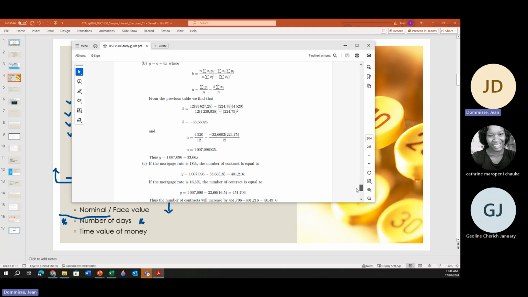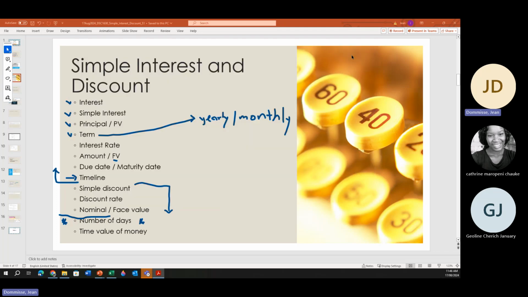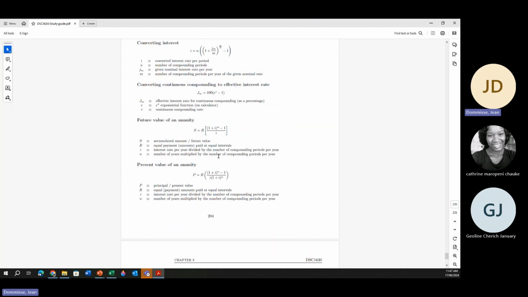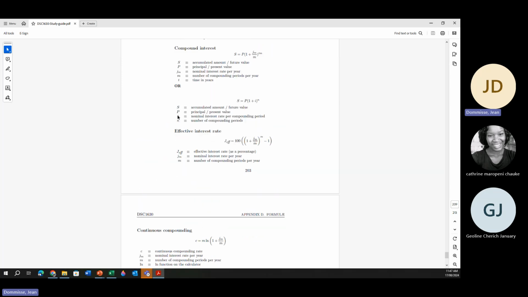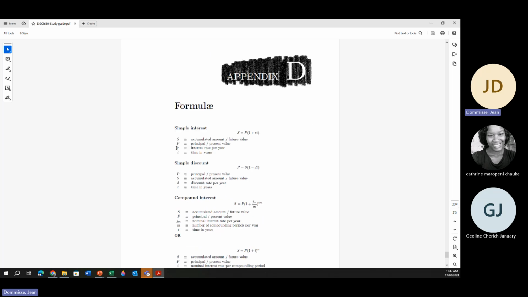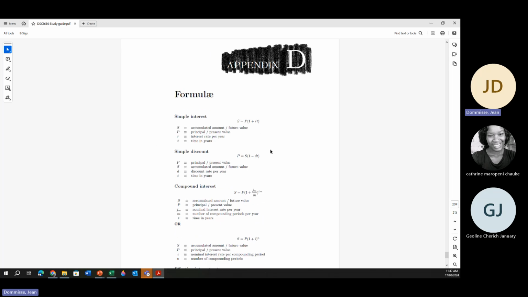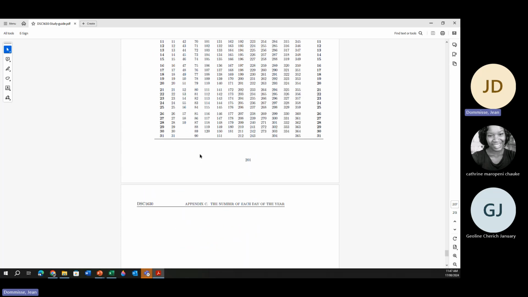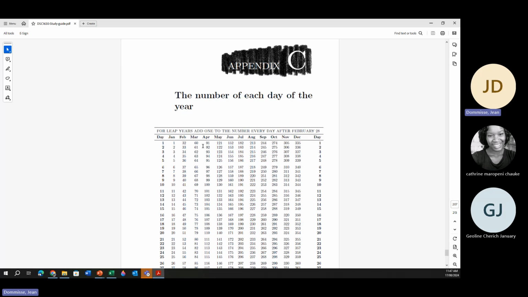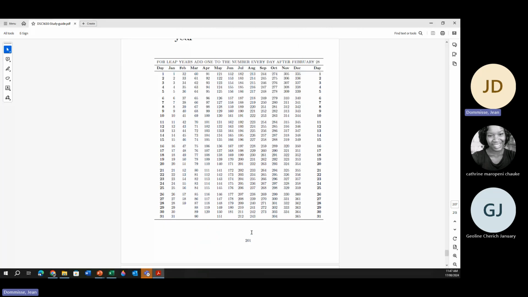Way at the back, and I think what is also nice at the end of your study guide, there are also nice formulas. So even if you look at the last few pages, you can print that out, and you have a nice set of formulas for you to use. But the counting of days is in table appendix C in your study guide, page 201.